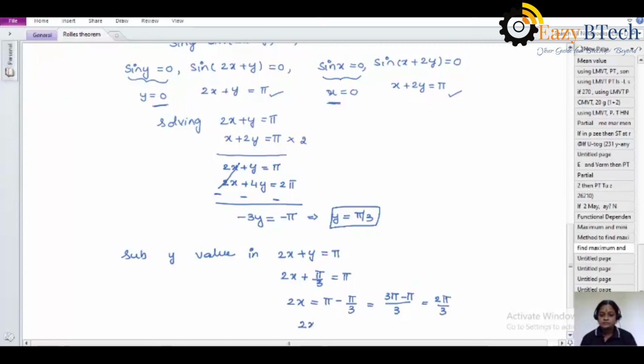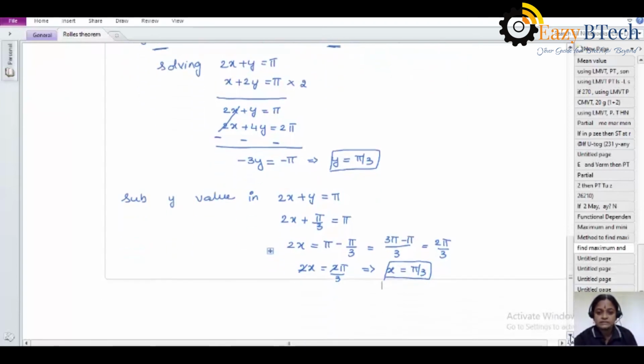Then 2x is equal to 2 pi by 3. 2 will be cancelled. Then the value of x is pi by 3. At the same time, the value of y is also pi by 3 here.